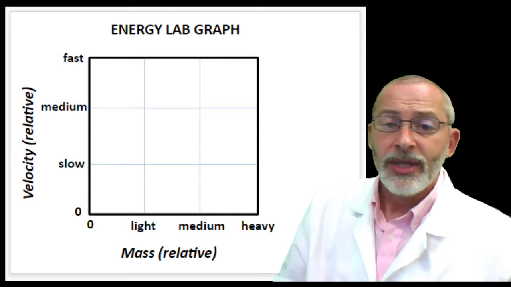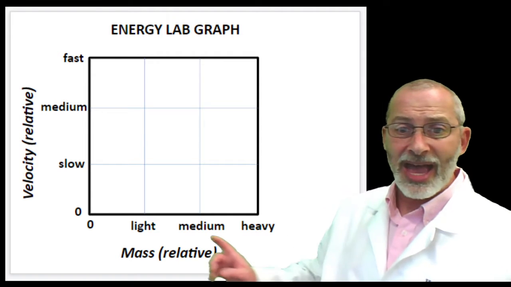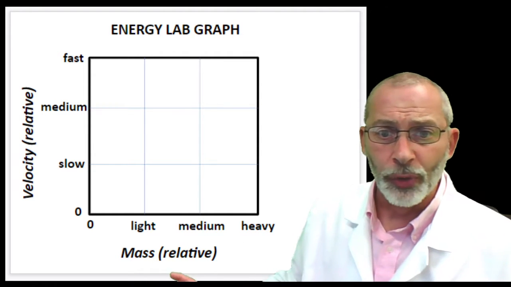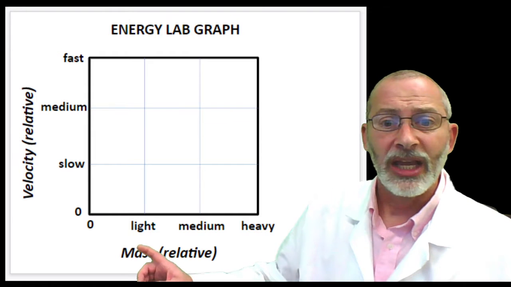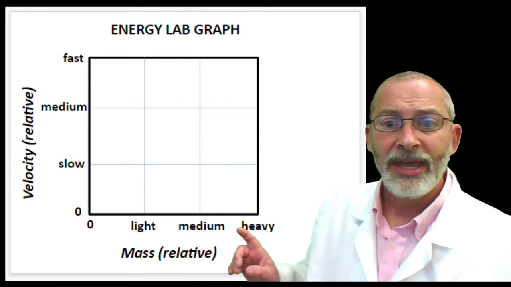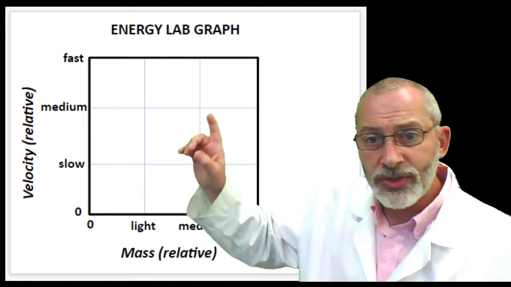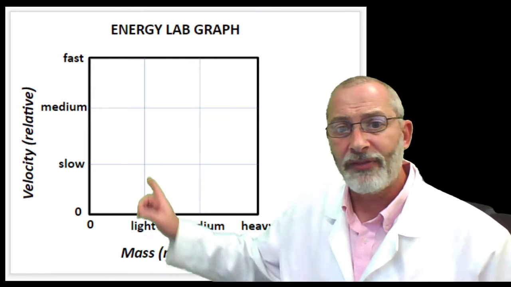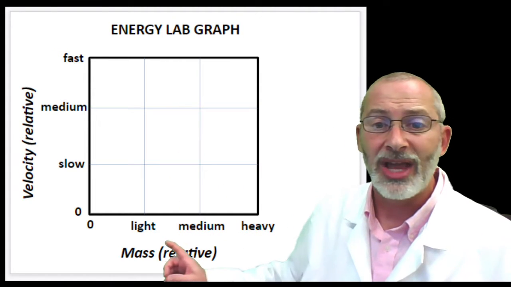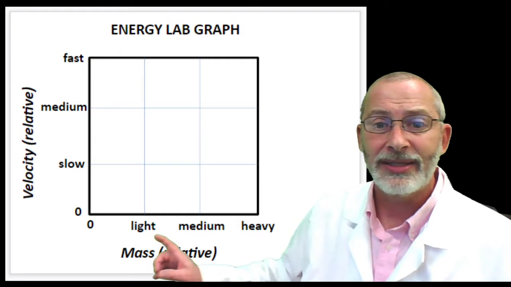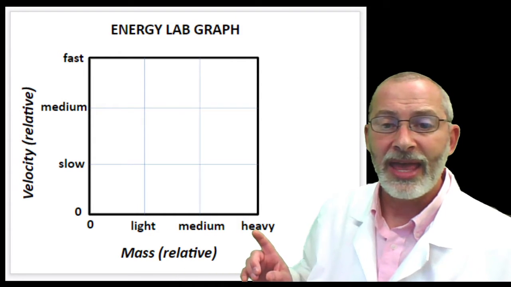The words that we're going to be using along the x-axis are the relative masses: light, medium, and heavy. So notice the lines on your graph, and label those lines now: light, medium, and heavy.